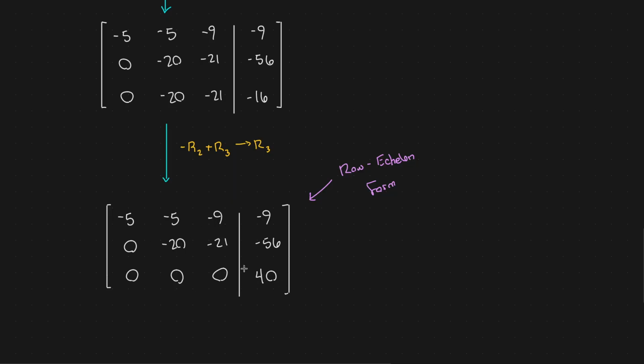Right away, I can see that we're not going to have any solutions. How do I know? Look at the last equation. This last equation, I get 0 equals 40. That is an impossible equation, which means this system has no solution.